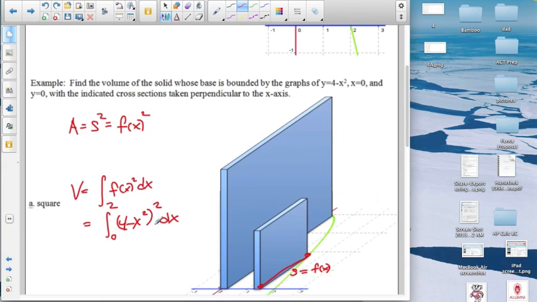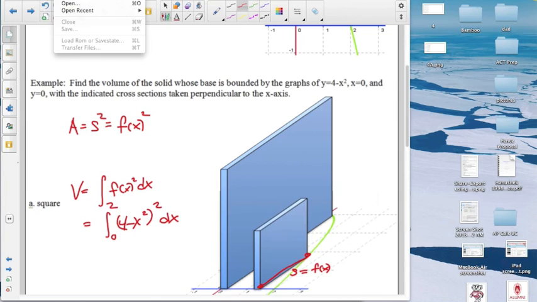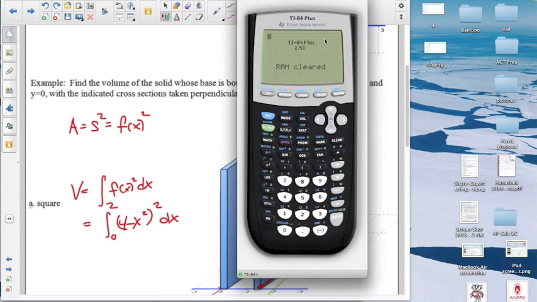And we could FOIL this easy enough and expand it out to find the volume of known cross-section for when it's a square. But I'm going to just use the fnInt capability on my calculator to get that answer a little more quickly.